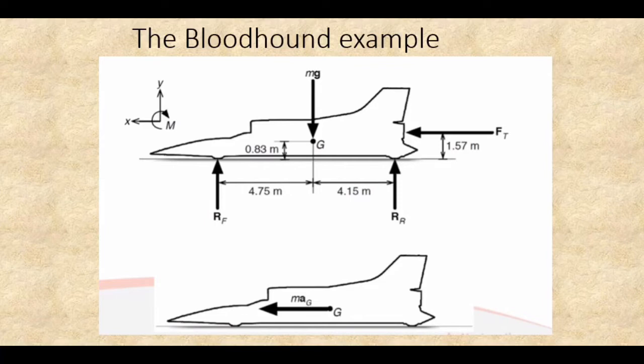We have the weight of the car going through the center of mass pointing downwards, and then we have the two reaction forces on the wheels of the car, at the front wheel as well as the rear wheel. At the bottom we drew the kinetic diagram showing that the car is moving to the left. You will see here it's only a translational movement. There isn't any rotational movement in this case.